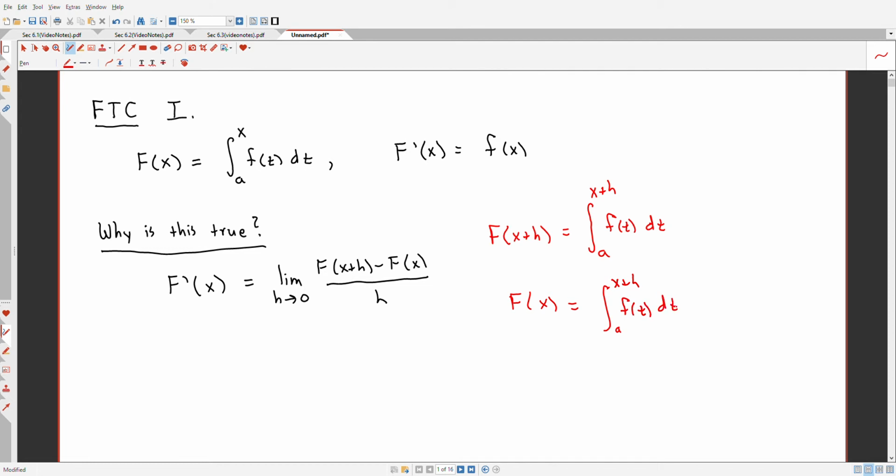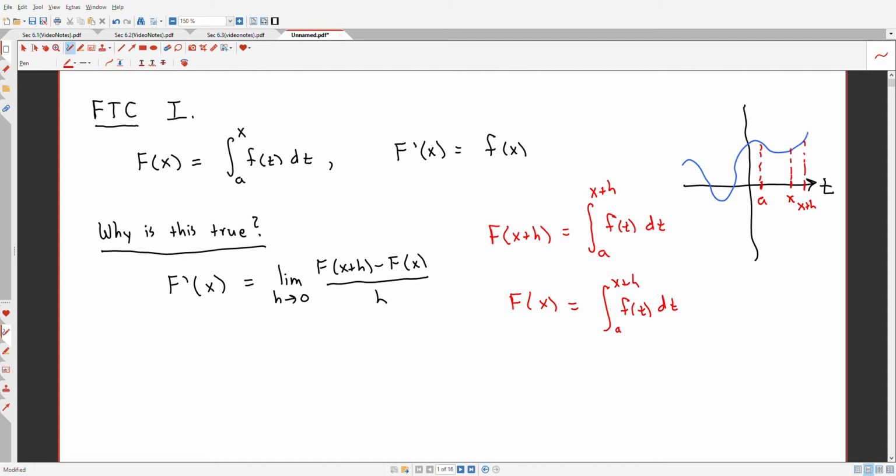And we already know how to combine these two expressions, but I just want to remind you visually where this comes from. So if I make a little pretend graph over here, call this the t-axis, and maybe my graph of little f of t looks something like this, then this first integral starts at a and ends over here at x plus h, whereas that second integral, capital F of x, ends at x.